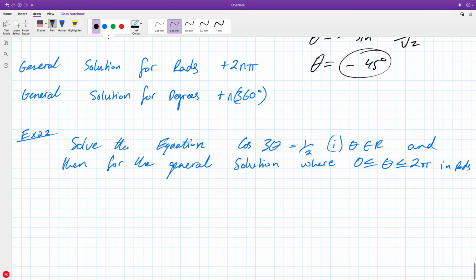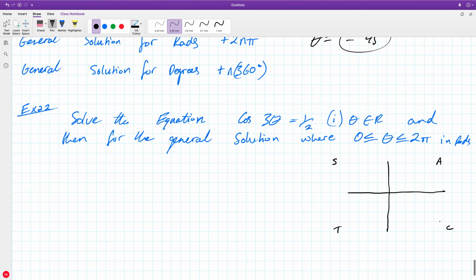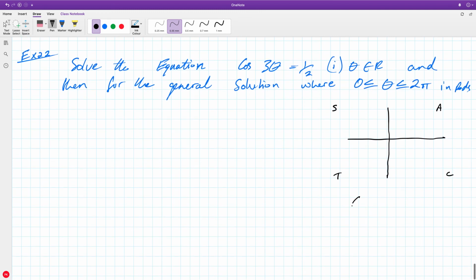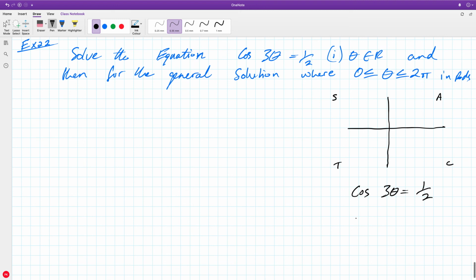Right, first things first, draw our unit circle. C, A, S, T, where the cos of 3 theta is equal to a half. 3 theta is equal to the cos inverse of a half.